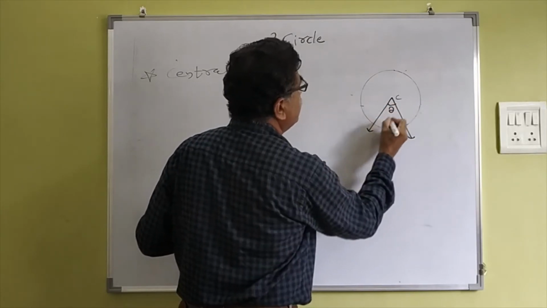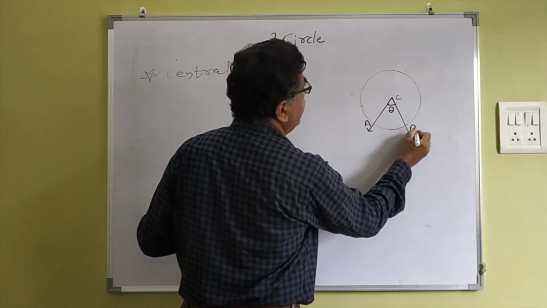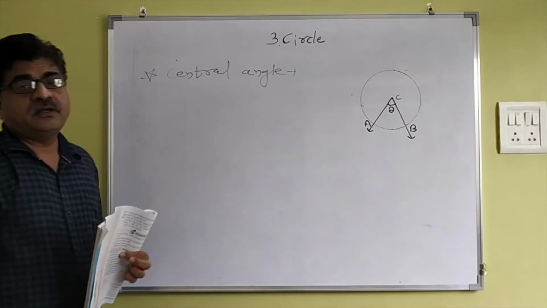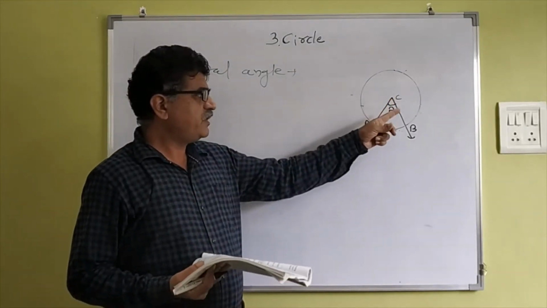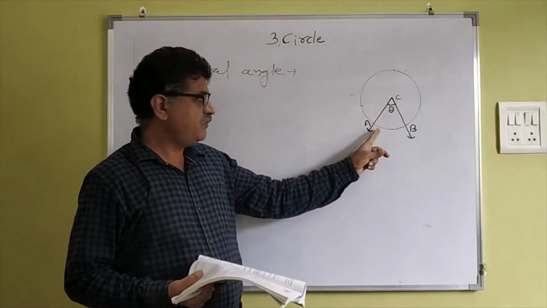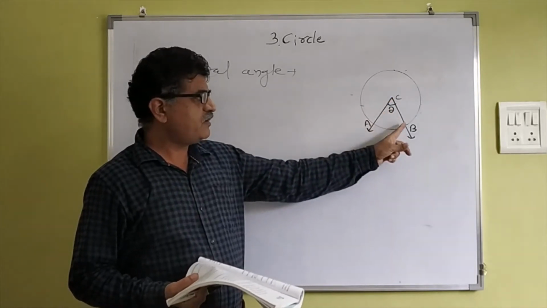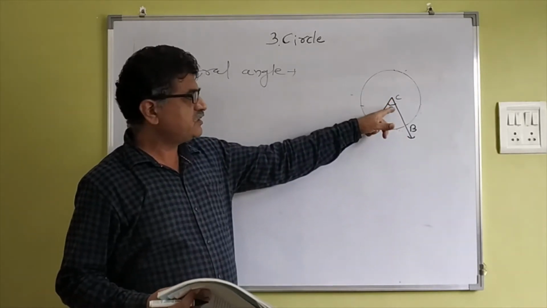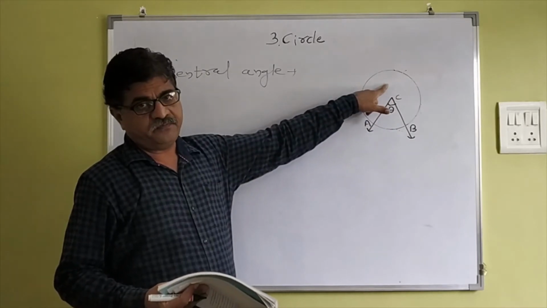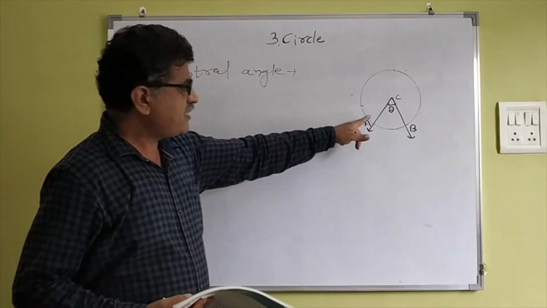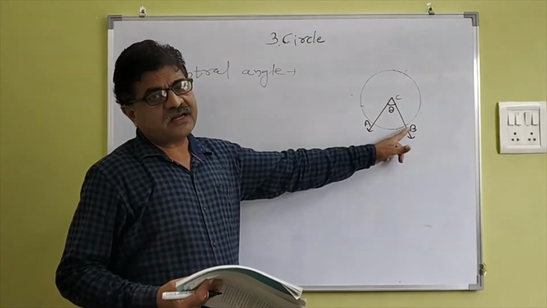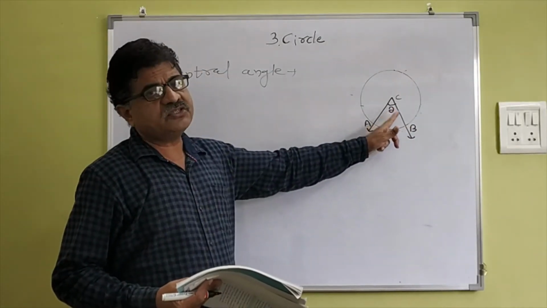This angle theta, points A and B. Now here, when the vertex of angle ACB is the center of the circle, then that angle is called a central angle.